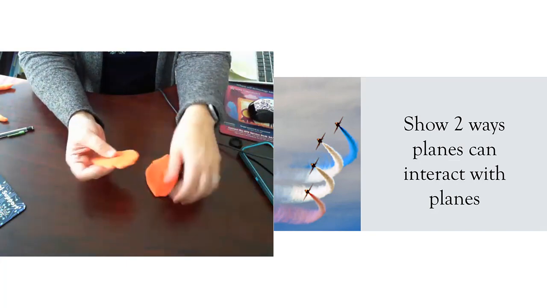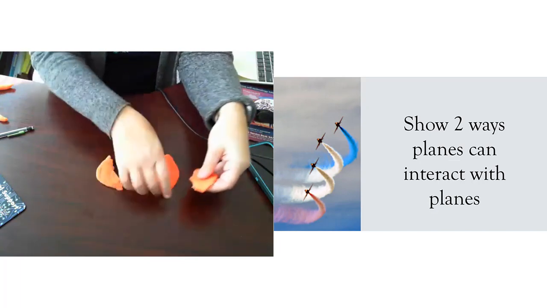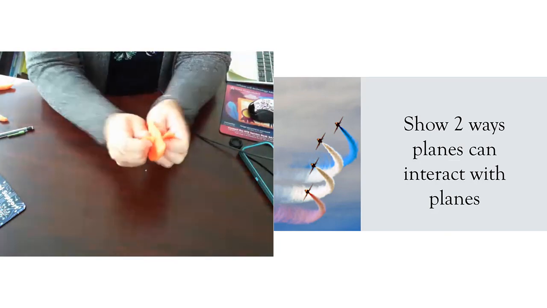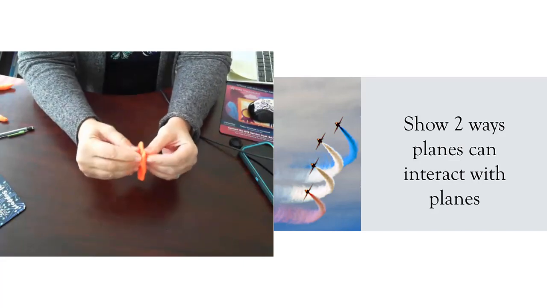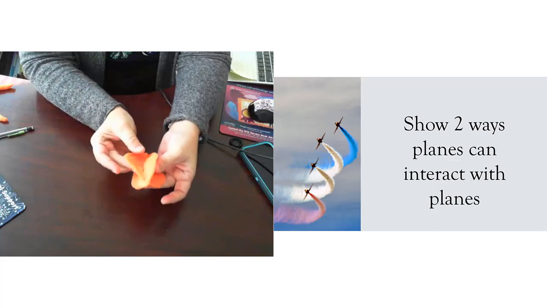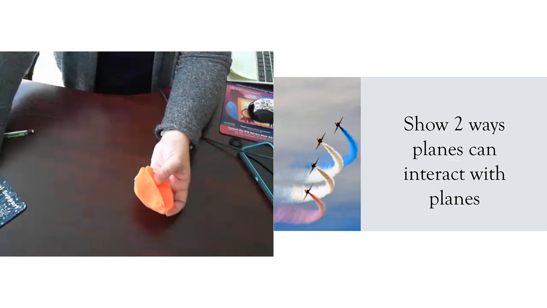Now students like this one because you get to rip up your plane and stick your plane like this so that you have kind of like a T shape. So this is a plane intersecting another plane. And so having that really helps them to understand what 2 planes intersecting is.